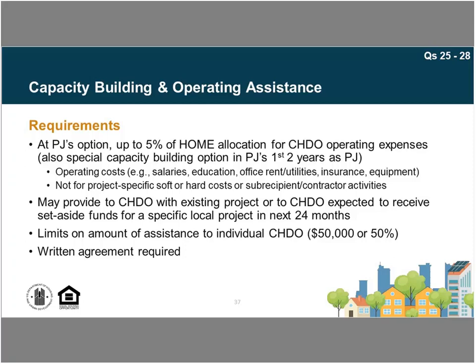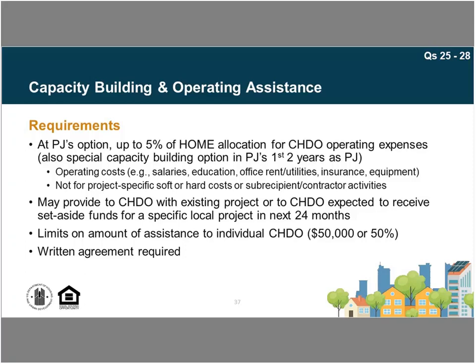There is an expectation, and this is kind of important, that when we provide operating assistance, it's going to result in capacity for projects. This is a housing production program. So either this would be provided for a CHDO that has an existing project, or there's an expectation that within 24 months this funding is going to help them come in and apply for an actual project.